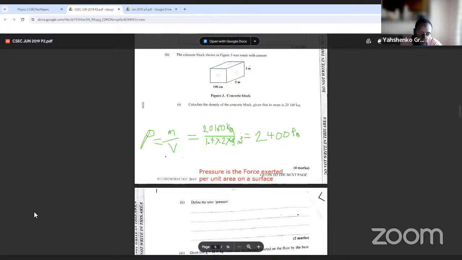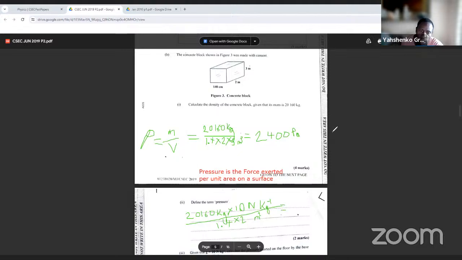So what will happen now is that to see the pressure that the block is exerting on the ground, here's how it goes. So it would be the 20,160 kilogram times the 10 Newton per kilogram. I hope you know that the kilogram and the per kilogram will cancel. Divided by 1.4 times 2 meter squared.